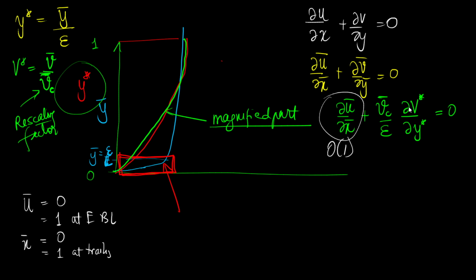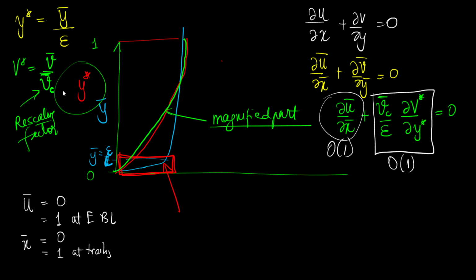Now we have to ensure that this entire combination of terms is also order 1. And why is that? Because we want incompressibility to be identically satisfied. In order for incompressibility to be identically satisfied, if this term is order 1, then this term has to be necessarily order 1 as well with an opposite sign. That's it. So the magnitude of this entire term has to be order 1.